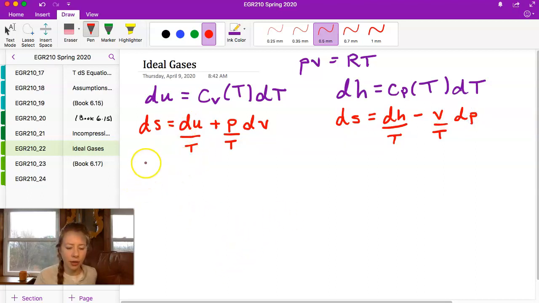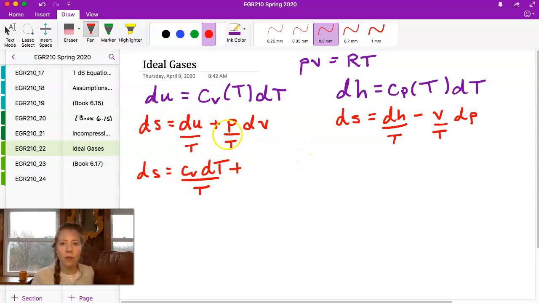Okay, so let's keep going. Now, let's plug in Cv(T) dT for du. That'll be our next step. So ds is going to equal Cv, which is a function of T, dT divided by T, plus, now what I'm going to do is for P over T, we know that P over T is going to equal R over V using the ideal gas law.